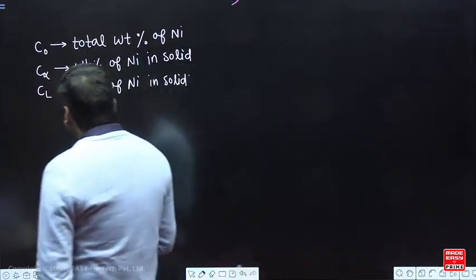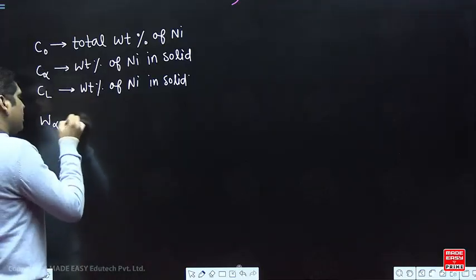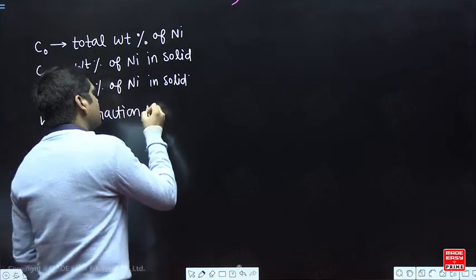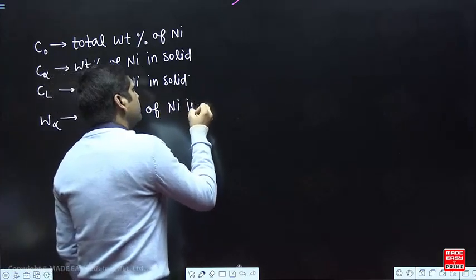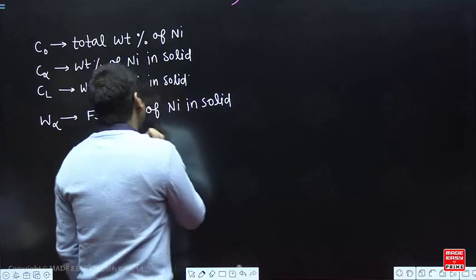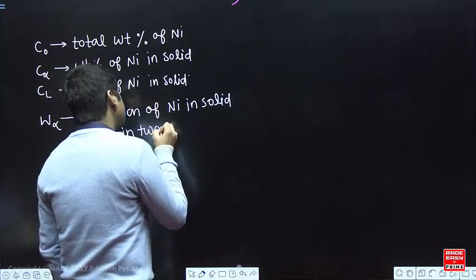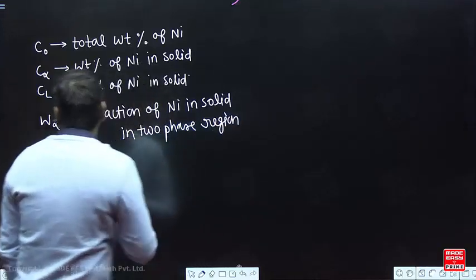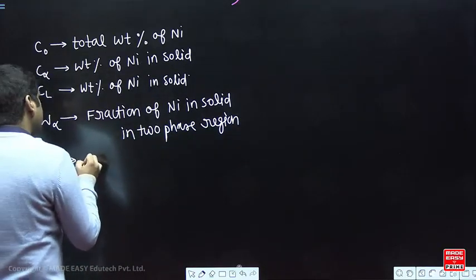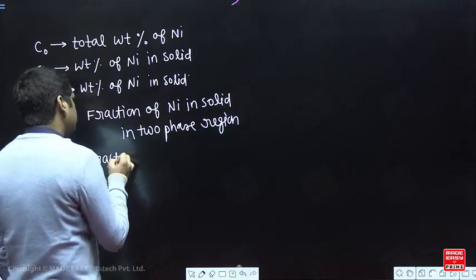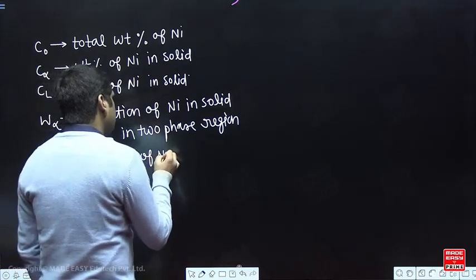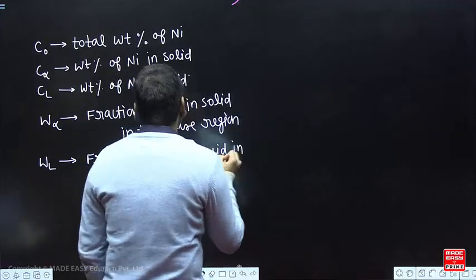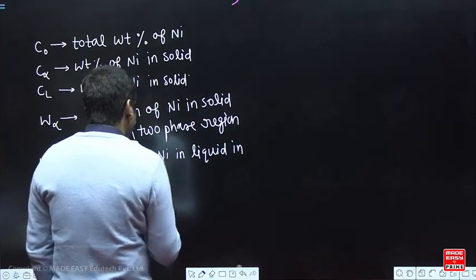Now suppose I want to calculate W alpha, that is fraction or weight percent, anything, fraction of nickel in solid in the two-phase region, and WL is the fraction of nickel in liquid in the two-phase region.